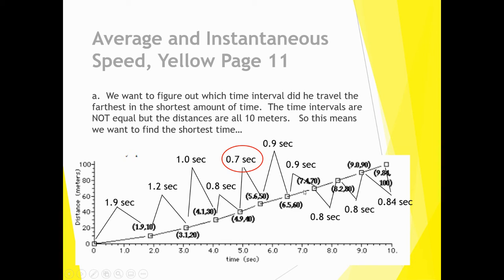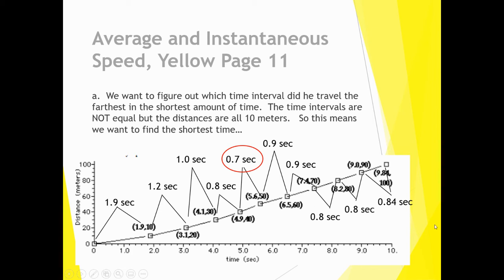Next, 7.4 minus 6.5, which is also 0.9. Next, 8.2 minus 7.4, which is 0.8. Next, 9.0 minus 8.2, which is 0.8. And the last time interval, 9.84 minus 9.0, and that's 0.84 seconds.